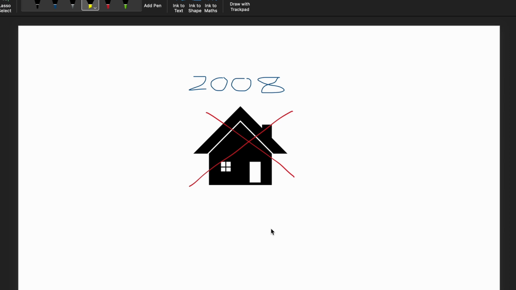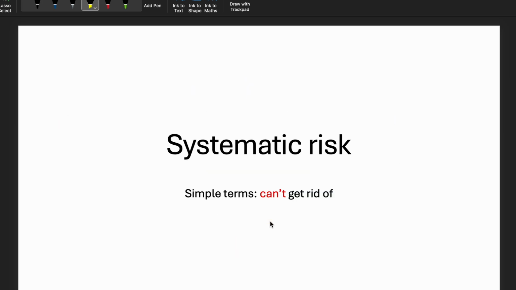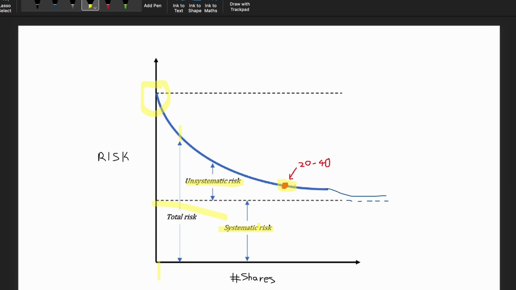And this collapse caused stocks to decrease in price, global economies to decrease in price, and banks to decrease in price. Now, no one could have really predicted this, and it wasn't firm specific. So this is why it was called systematic risk. It's risks that you simply can't avoid. That's why in this graph here, there is still all this portion that you can't get rid of, because that's just risks that will impact the entire market and you can't diversify.